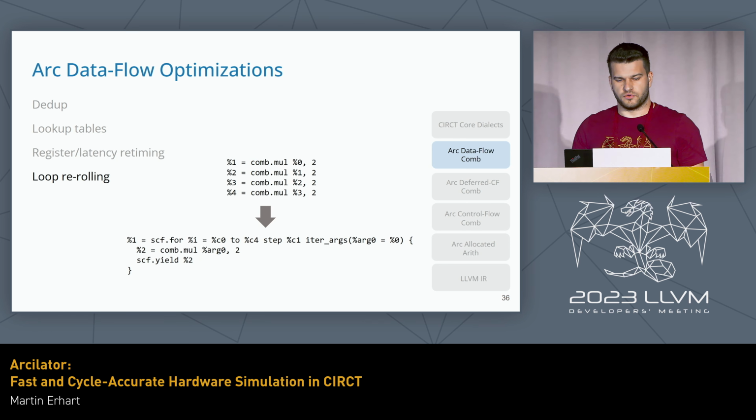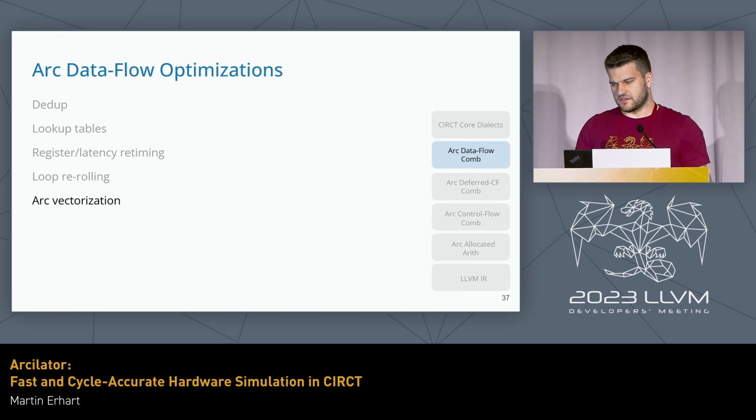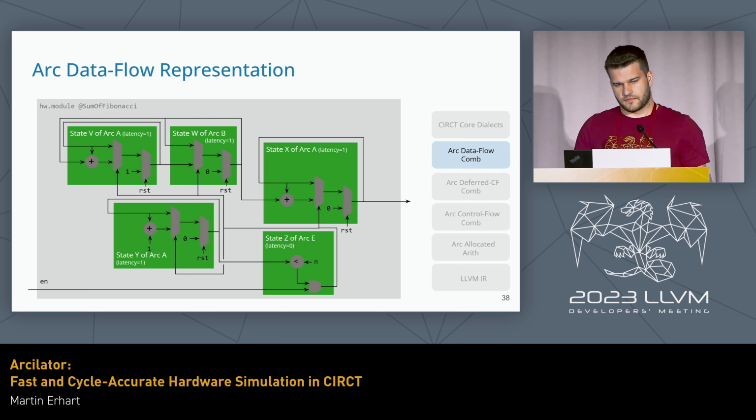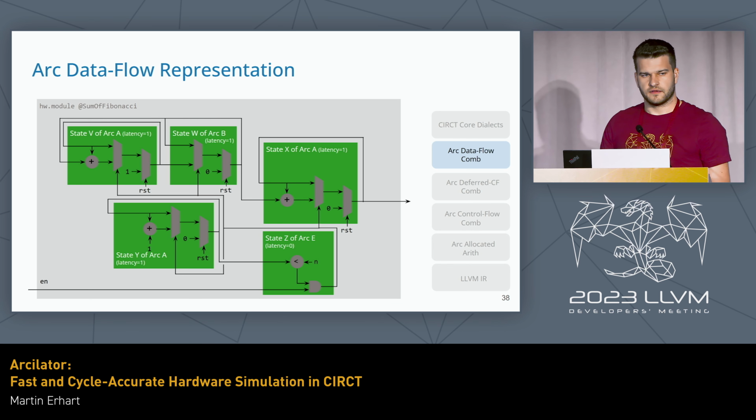And we can do loop rerolling. So a series of multiplications could be just put into a for loop, which could help instruction cache locality. We can also vectorize arcs. And then we can compile them to the next lower stage.